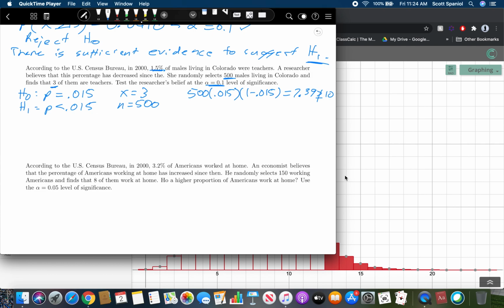So we can't use one prop z-test, so we want to use binomial distribution to find the probability that x is less than or equal to 3. Right, because we're doing less than, so I want to do less than or equal to 3.